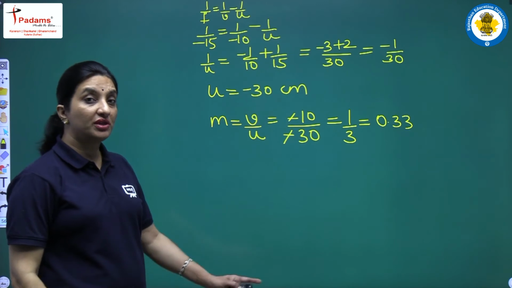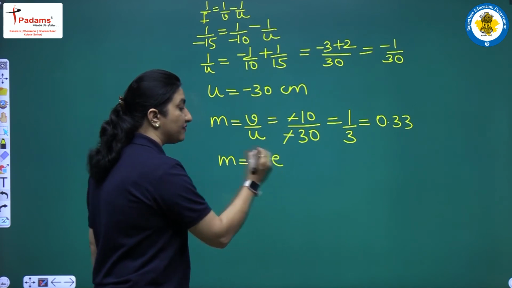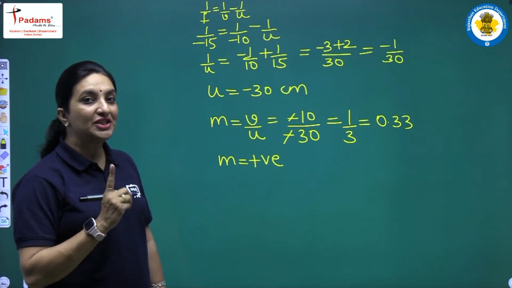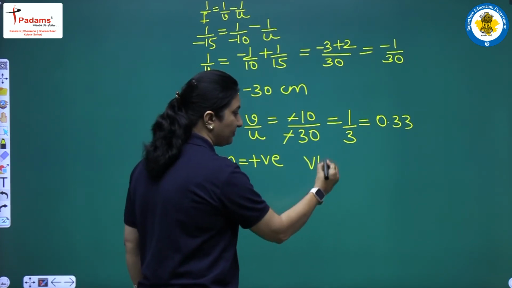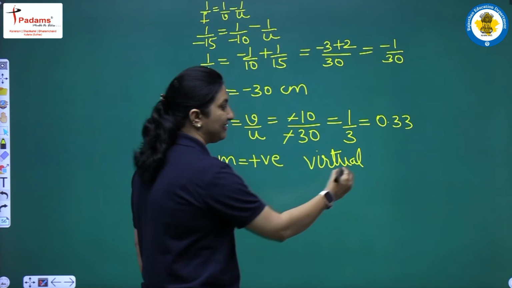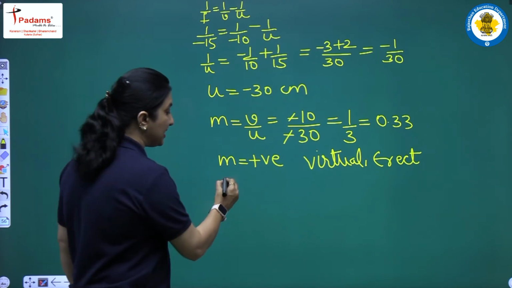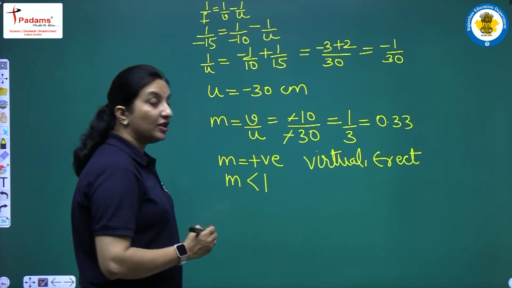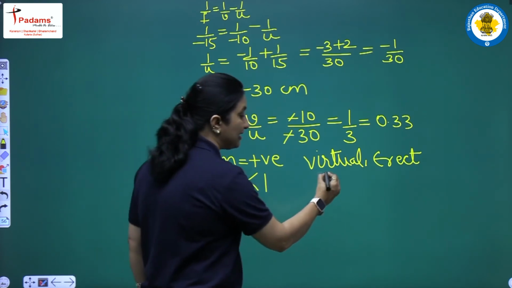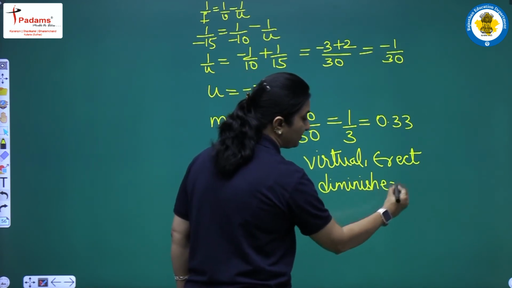Now students, what we observe here is that the value of M is positive. Positive values of magnification indicate that the image is virtual. All images which are virtual are always erect, and since the value of M is less than 1, the size of the image is diminished, that is the size of the image is smaller than the size of the object.